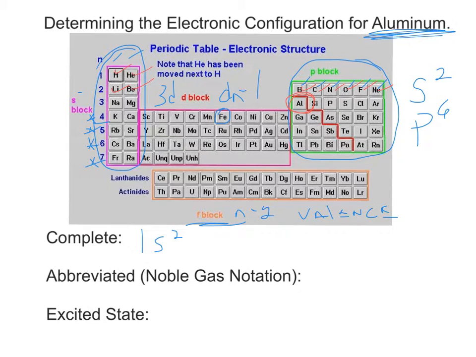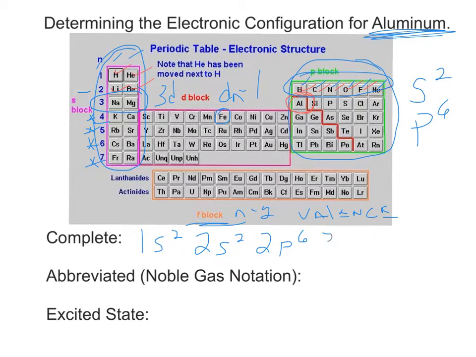Then I go to row 2, because I got to get over here to aluminum. I go to row 2, I have my S block, and there can be 2. And then I have all of these P's over here, so that's row 2, P block, and there's 6 of those. Then I come down to row 3.